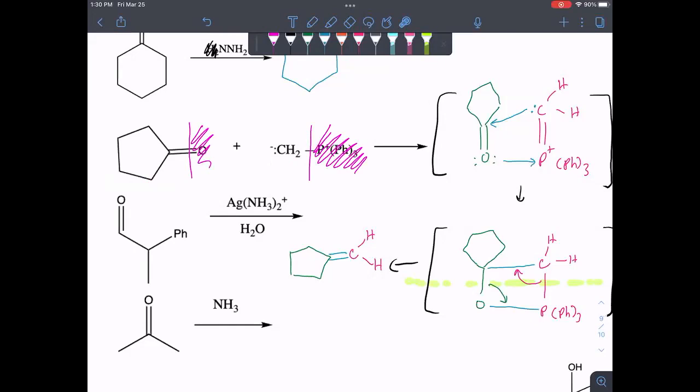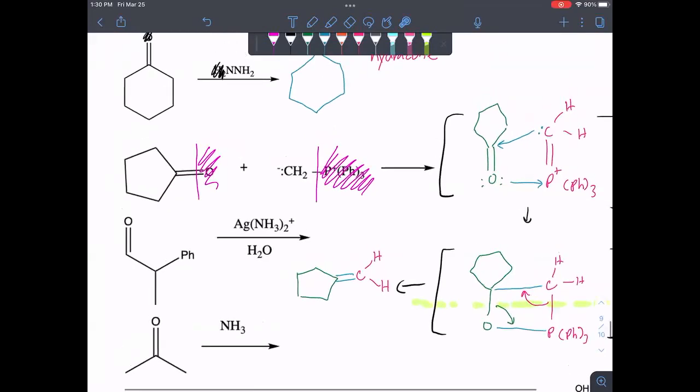I just add this R group onto this alkane, replacing the oxygen with the R group that's attached to the triphenylphosphine. We had a ketone, but we got rid of the oxygen and replaced it with a CH2. That's your final product.